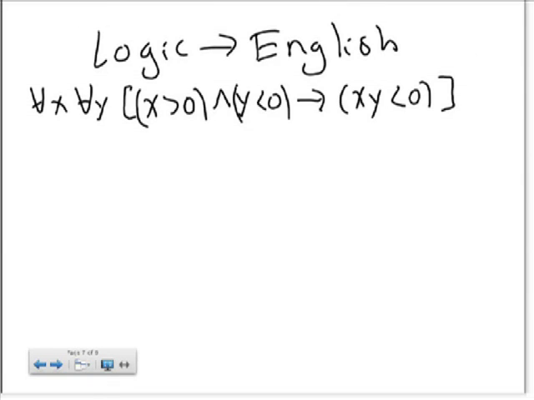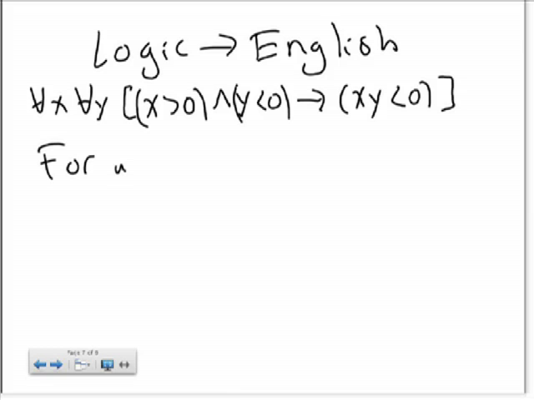Alright, so now we're going to translate some logic expressions into English. The logic expression we're given here with nested quantifiers is shown. We have for all x and all y, where x is greater than 0 and y is less than 0, then x times y is less than 0. So we're going to make this a little easier to comprehend.